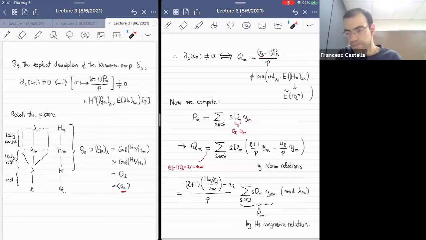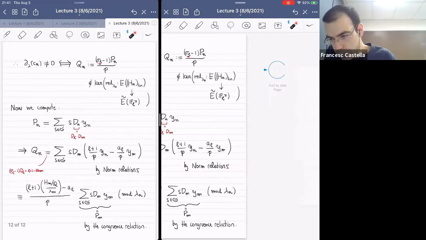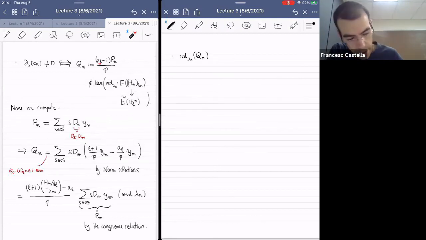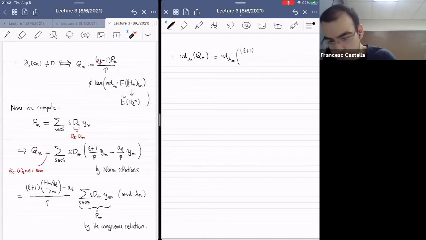So what we find is that the reduction of this Q_n, because of these congruences, is the same as the reduction modulo lambda_m of this other class, or this other point rather.